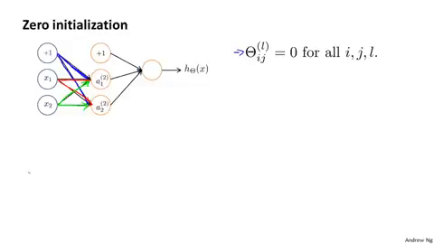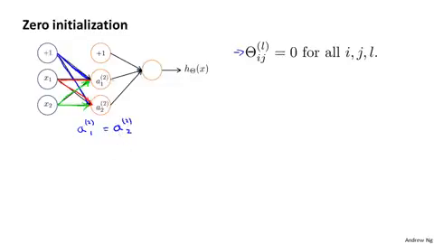And what that means is that both of your hidden units, a1 and a2, are going to be computing the same function of your inputs, and thus you end up with, for every one of your training examples, a1(2) equals a2(2).